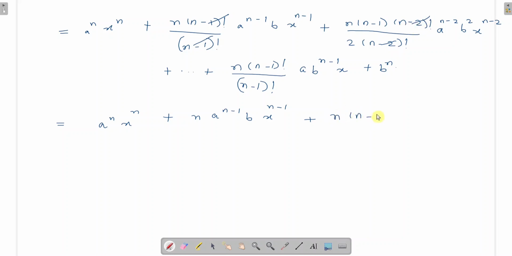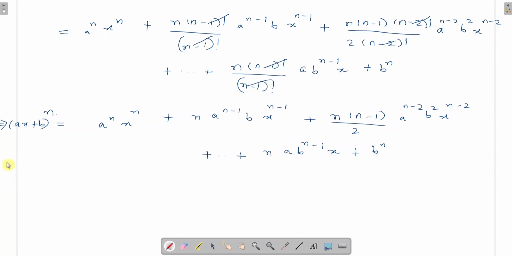We'll get n times (n minus 1) divided by 2, a raised to n minus 2, b raised to 2, x raised to n minus 2. Okay, then plus this (n minus 1) factorial will get cancelled. We'll get n a b raised to n minus 1, x, plus b raised to n. So this is nothing but (ax plus b) raised to n.